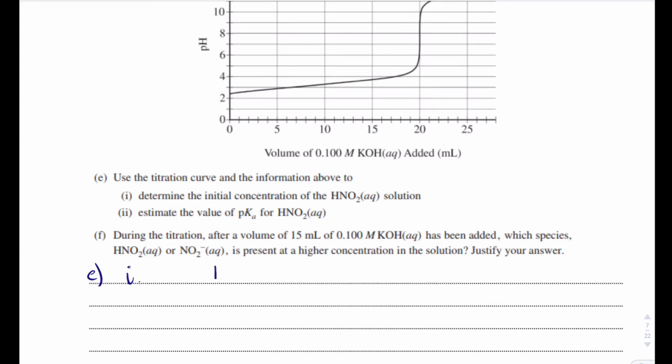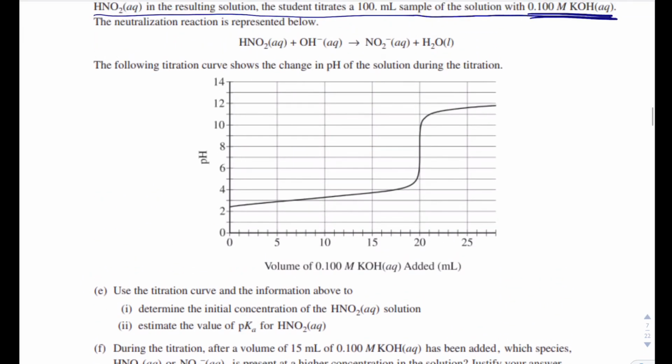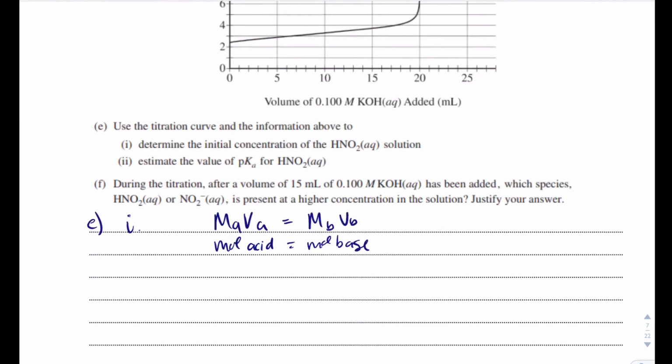Well, if I'm determining a concentration with an acid-base problem, I'm going to use MAVA equals MBVB, and I'm going to say moles of acid equal moles of base. And from the problem, we have 100 milliliters of our acid sample. We are determining the concentration of our acid, so MA is unknown.